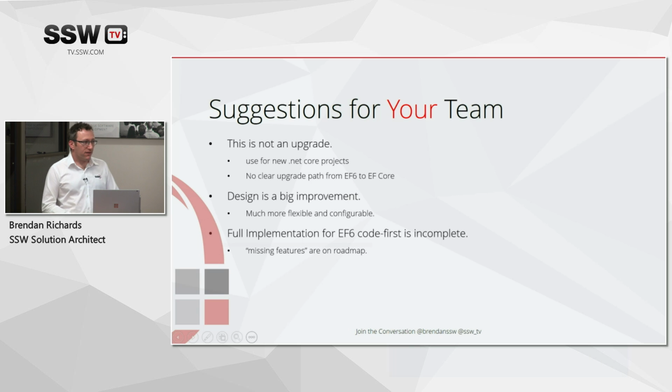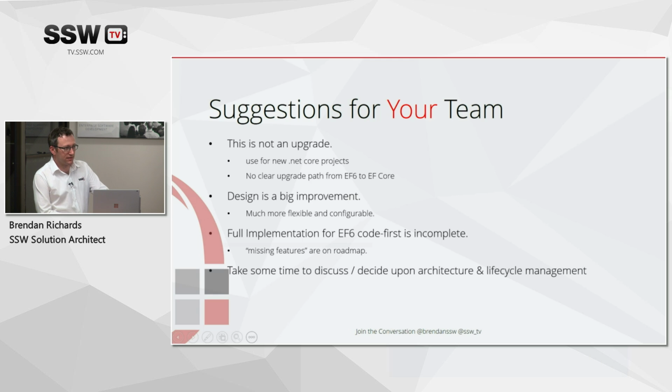But right now, the full implementation of all EF6 code first features is incomplete. There's some missing features that are on the roadmap, and also if I'd like you to take anything away from this project, if you're considering using Entity Framework, take some time to look at and decide upon your architecture and lifecycle management. Pick one of those and try and stick to it.